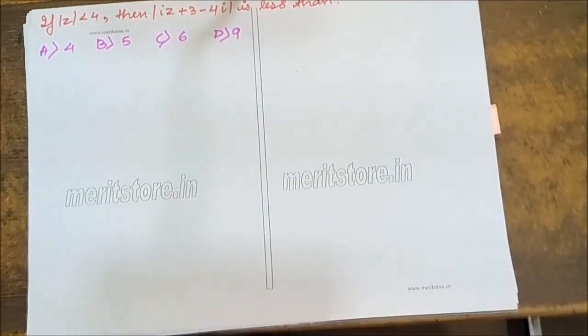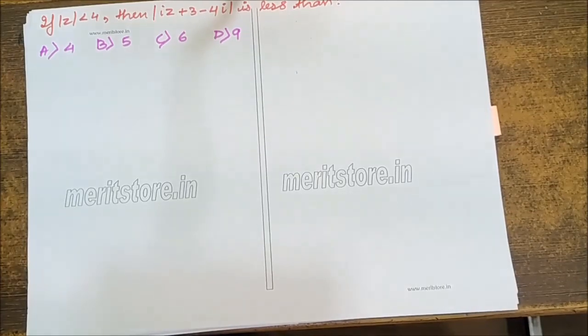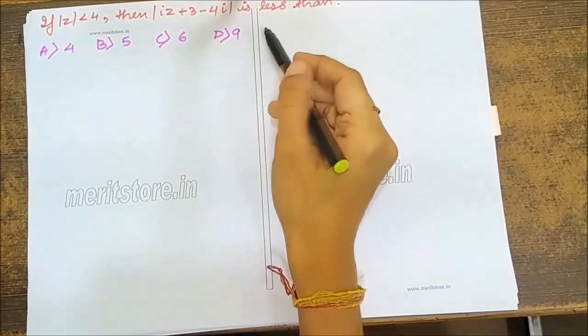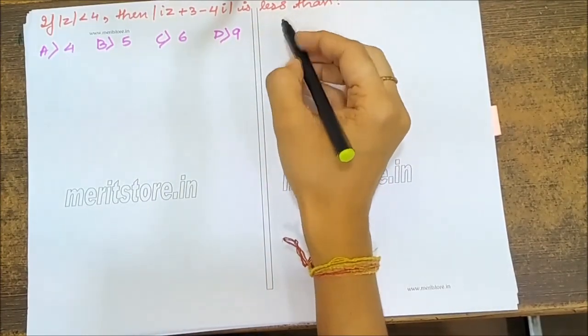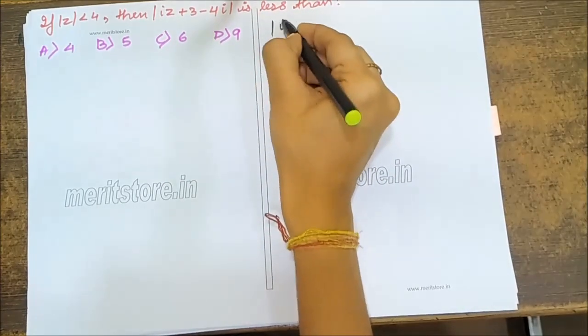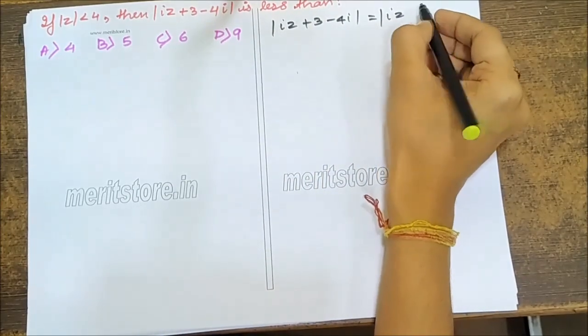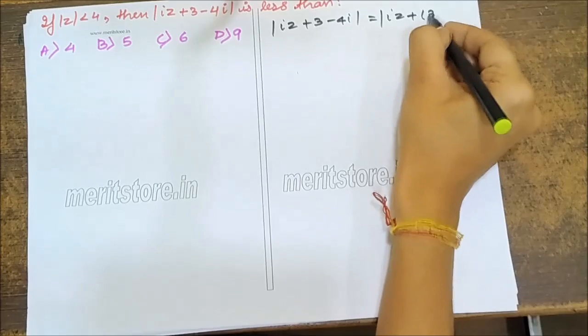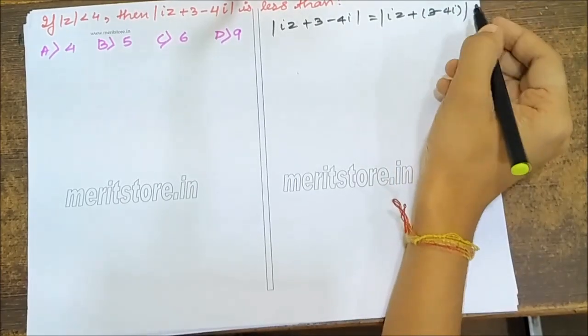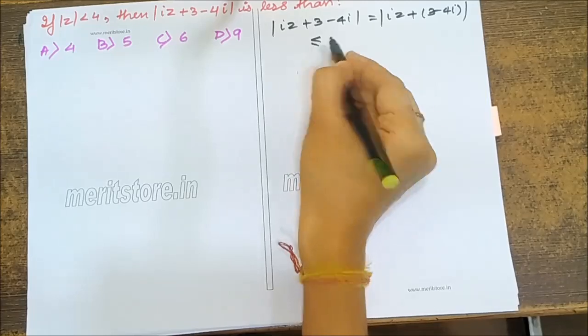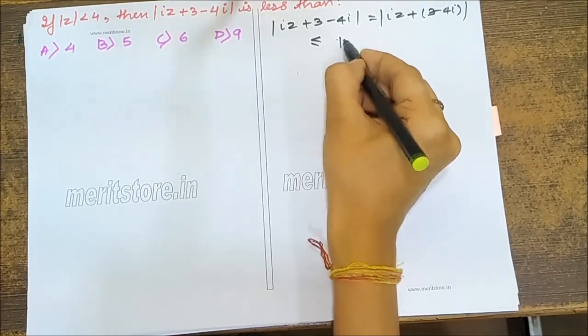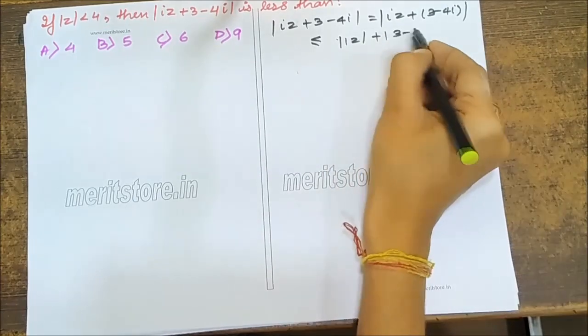If the modulus of z is less than 4, then modulus of iz plus 3 minus 4i, so your, I would say, iz plus 3 minus 4i is less than or equal to modulus of iz plus modulus of 3 minus 4i.